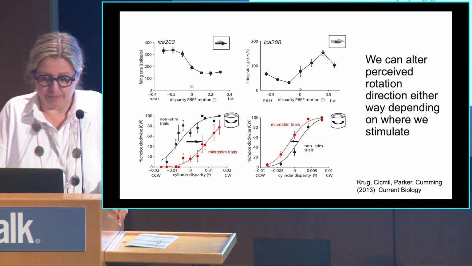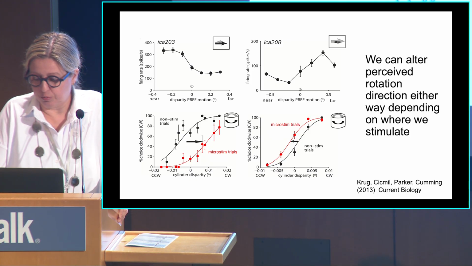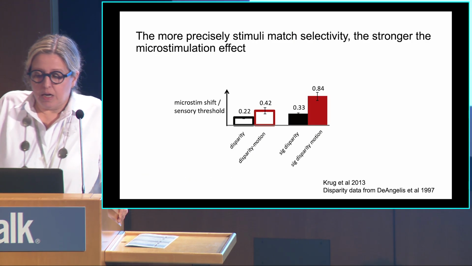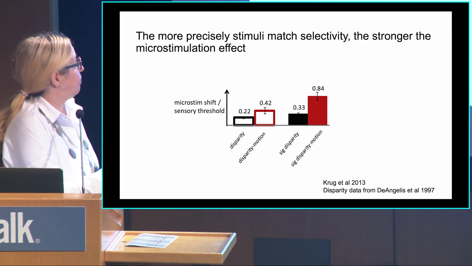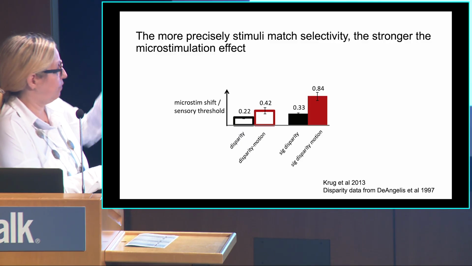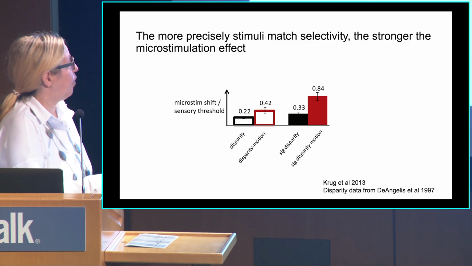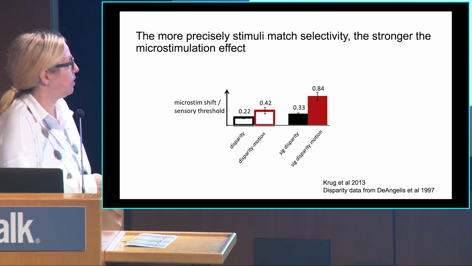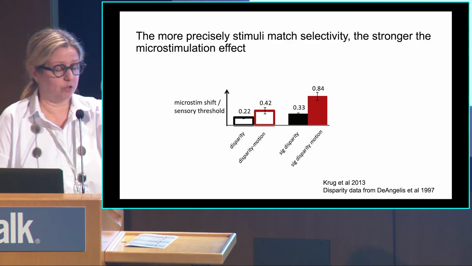And it's highly constructive, so you don't see any deterioration in the percept, such as flattening of the slopes. We also compared the size of the shift, the shift I've just shown you, over the sensory threshold to be comparable. For our stimuli here in red, the disparity motion stimulus from a different study from Greg De Angelis, where he only did microstim for motion and depth.